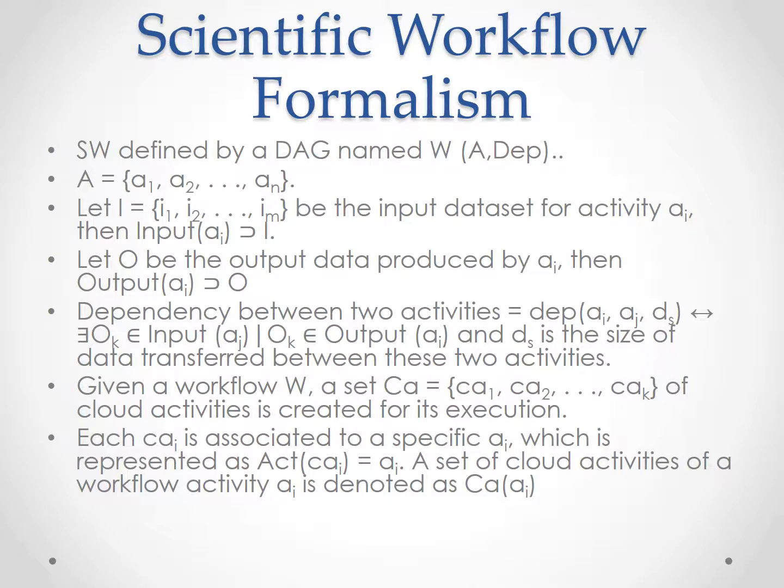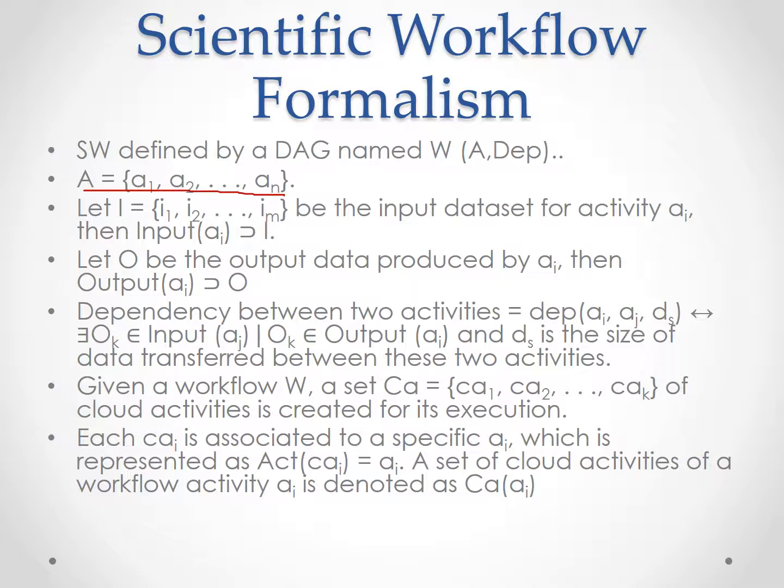This paper provides the following scientific workflow formalism. In this, a scientific workflow is defined by a directed acyclic graph named W(A, DEP). Nodes A in W correspond to workflow activities to be executed in parallel, and the edges, denoted by DEP here, are associated data dependencies between activities in A. Now, A can be comprised of activities A1, A2 to An, as shown here.